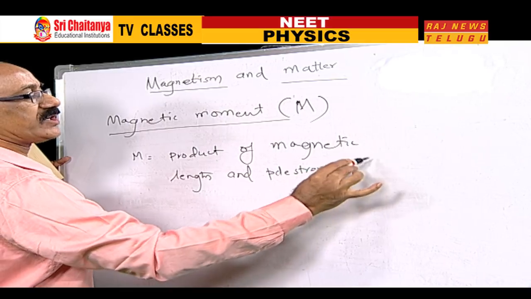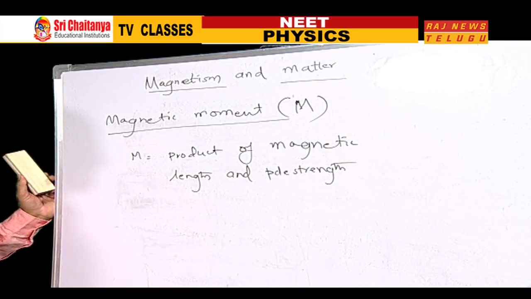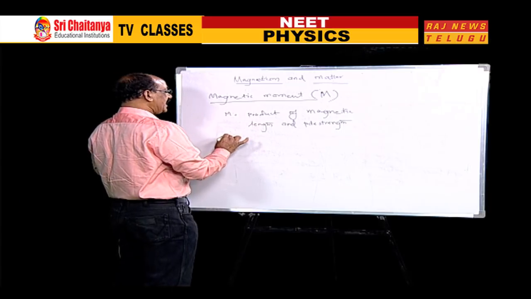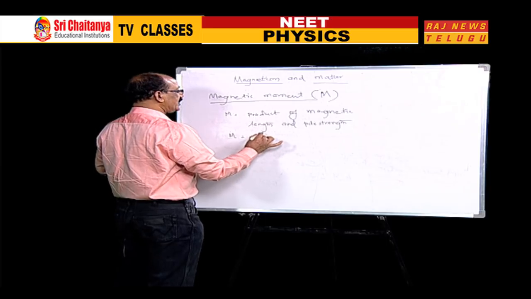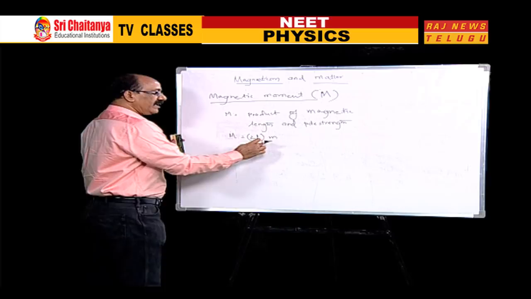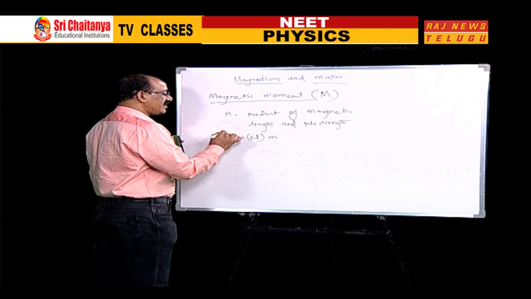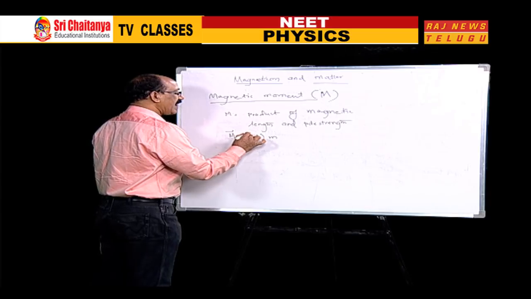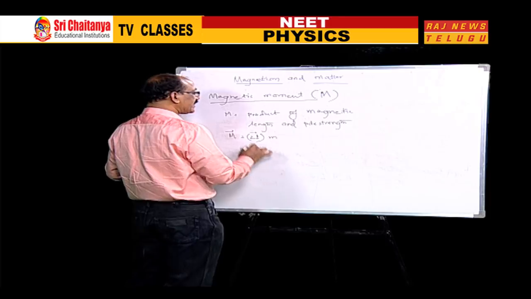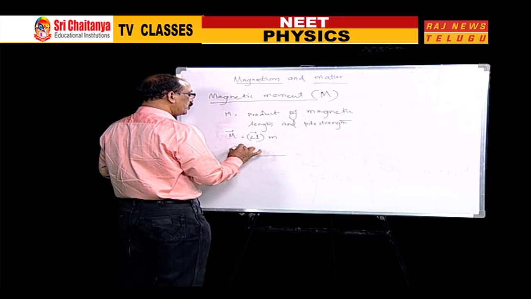It is something like what you have come across as dipole moment in chemistry. We will discuss even dipole moment in electrostatics. Mathematically it is written as 2l times m. Here the pole strength is a scalar, but magnetic moment is a vector. That means even magnetic length is a vector. The direction of the magnetic moment is taken from south pole to north pole.